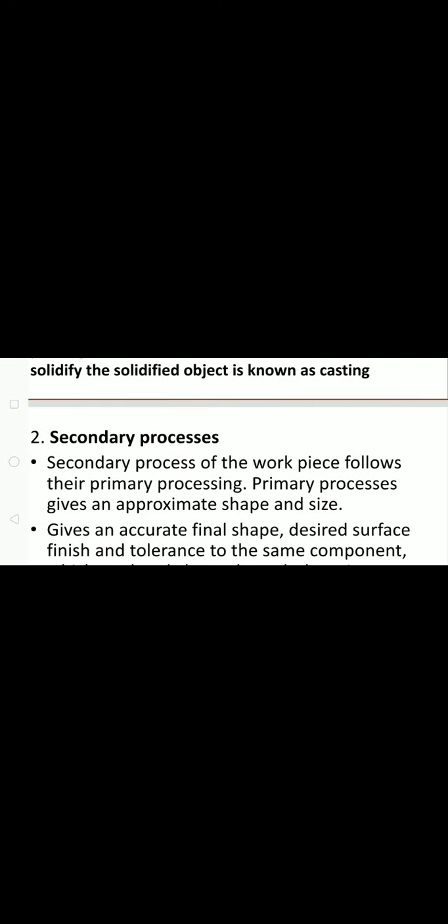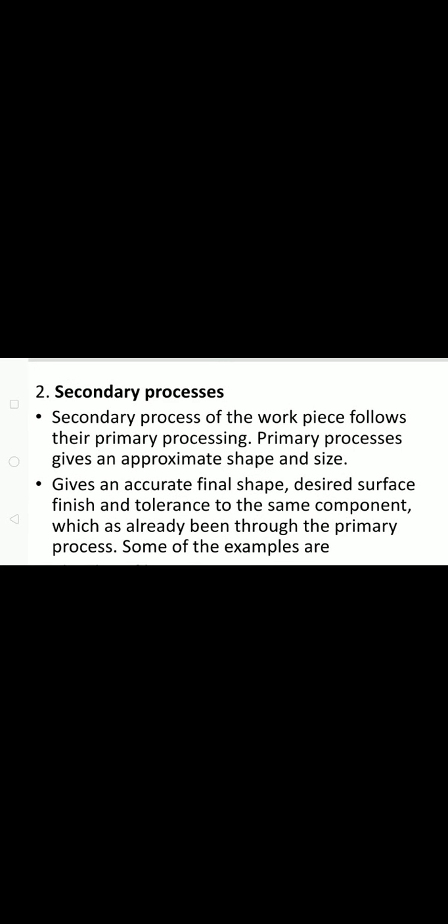Coming to the secondary processes, they follow the primary processing of the workpiece. Primary processes give an approximate size and shape to the material, and the secondary process gives the accurate final shape, desired surface finish, and tolerance to the same component which has already passed through the primary processes.